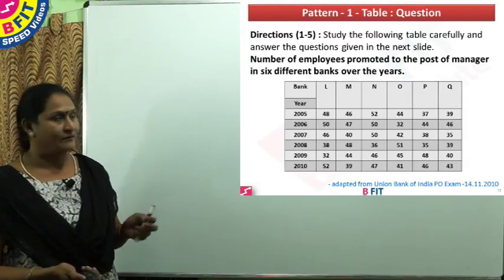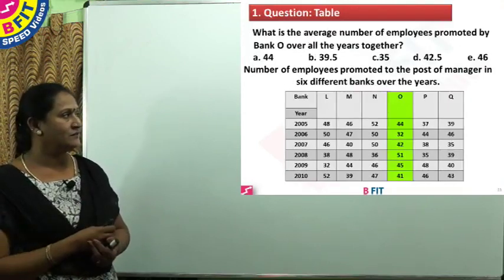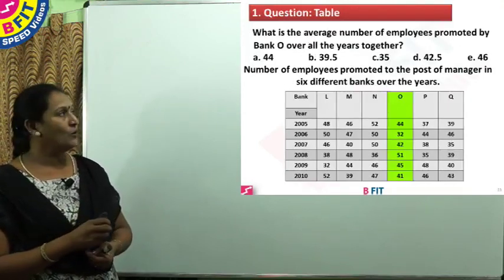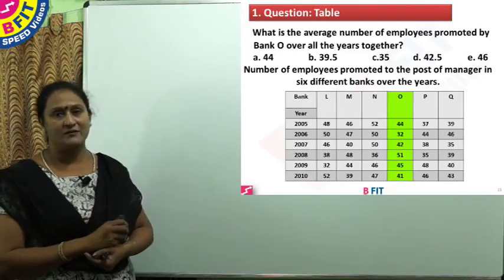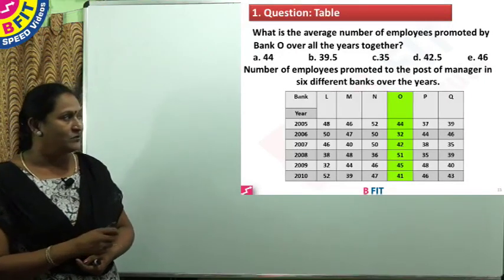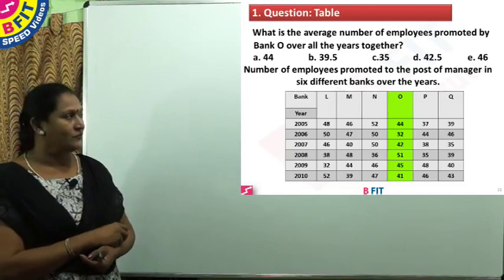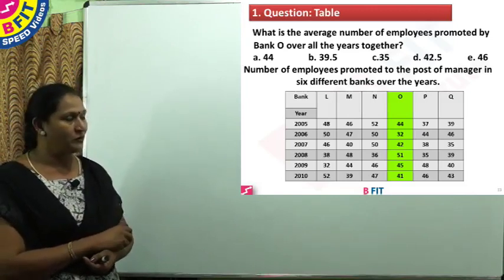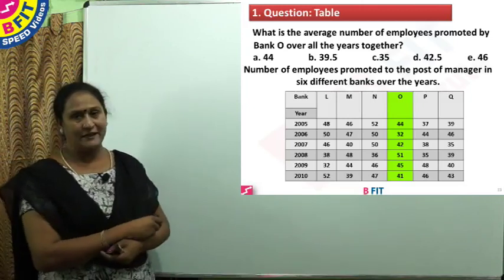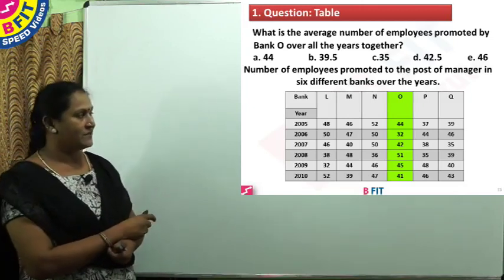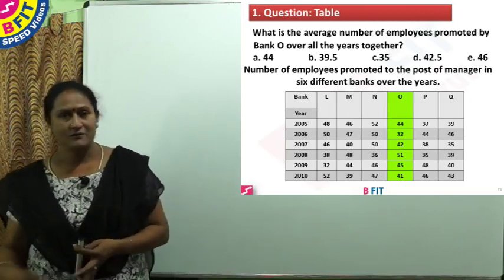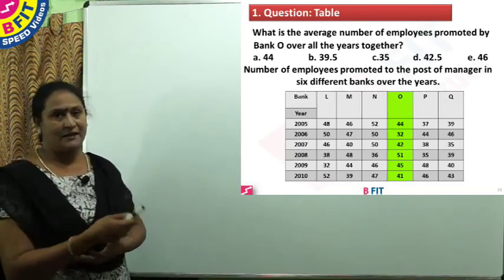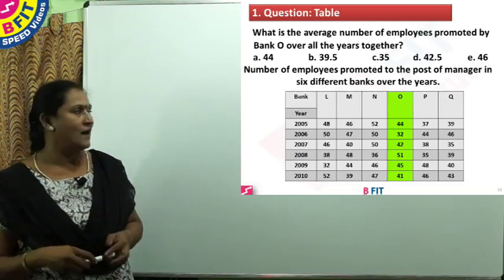So we'll have our working slide before us. For Bank O, the average number of employees promoted is asked over all the years from 2005 to 2010, and that data is highlighted. So for Bank O, for 2005 to 2010, add all the data and divide by 6 because we have 6 years' details. Adding all, we'll see the sum, and then dividing by 6, we'll see the average.